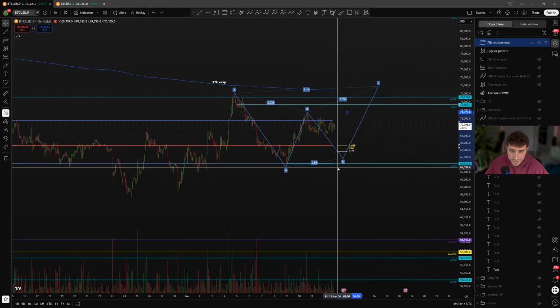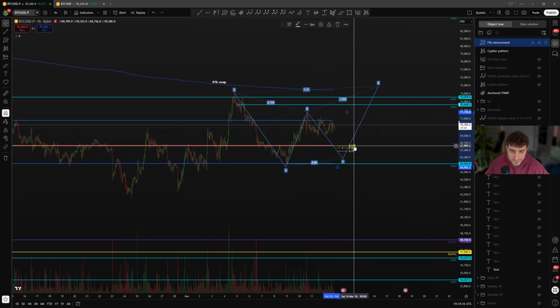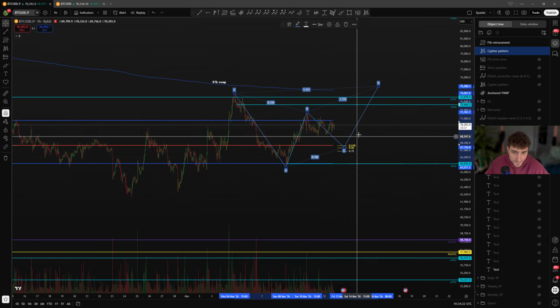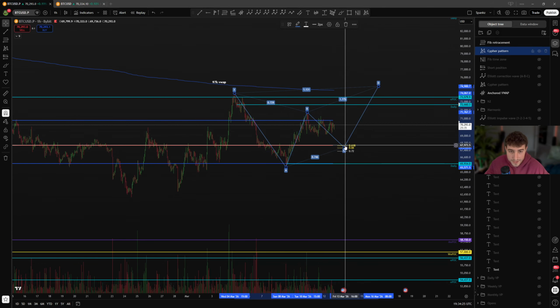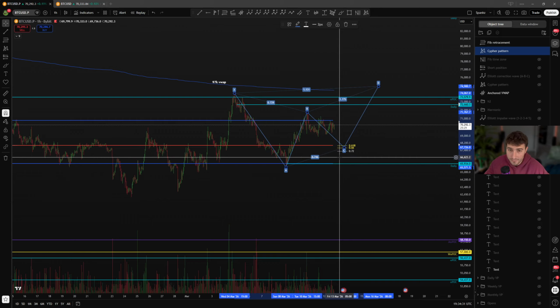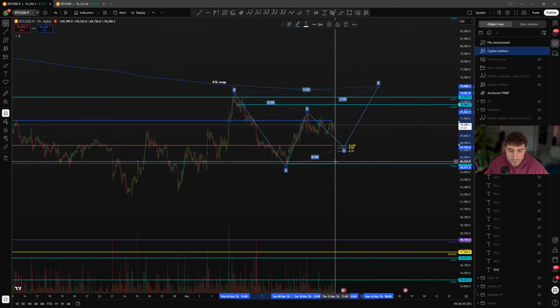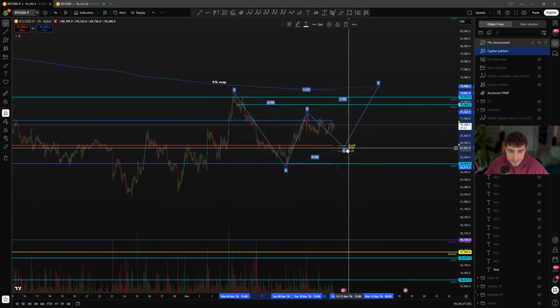If we take the 618 from the A to the B, this gives us the golden pocket of where this C wave, C leg should end up. And that's great because you have the POC right here. You have the 618, the 66, and I love using the 72 as a nice little pairing with the golden pocket as an SFP. So you do have a nice little POC cluster there as confluence.